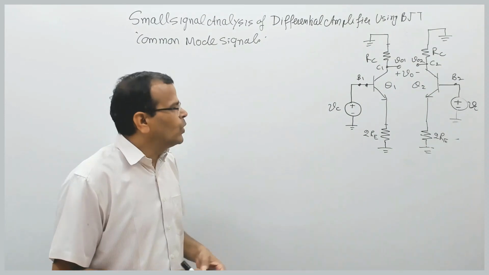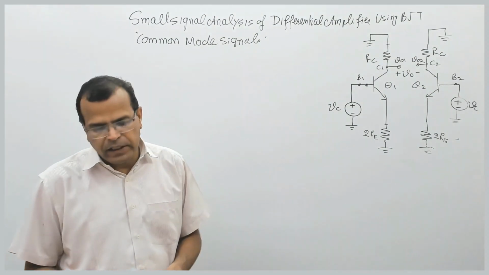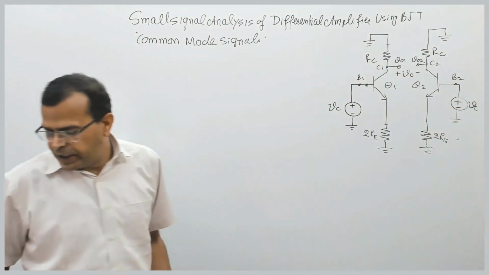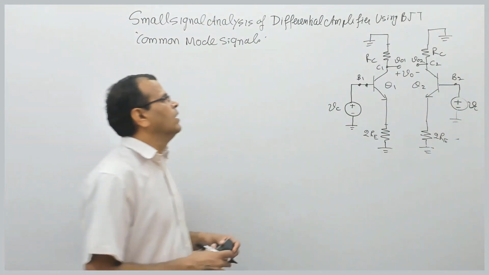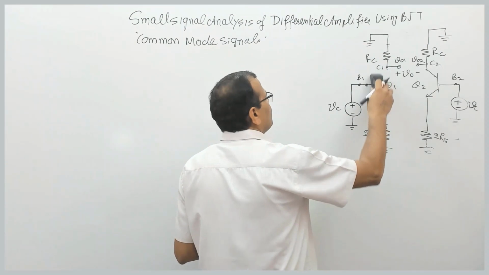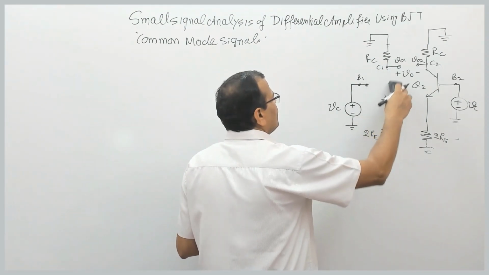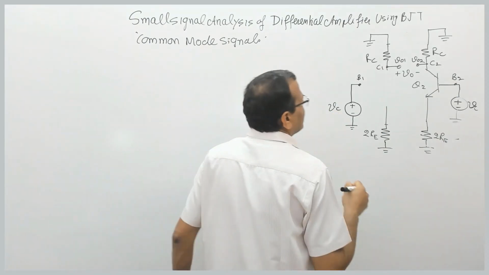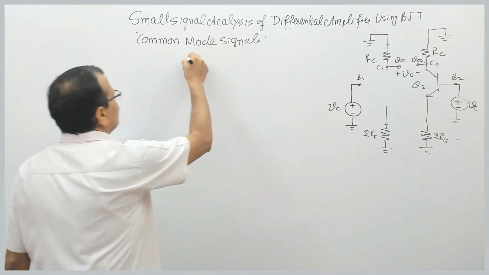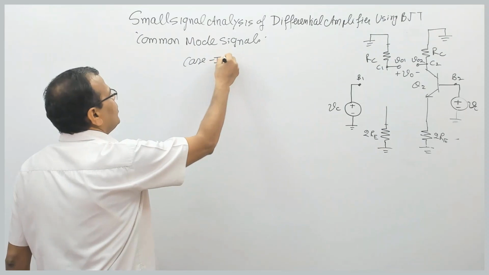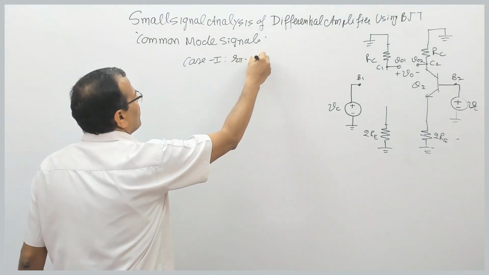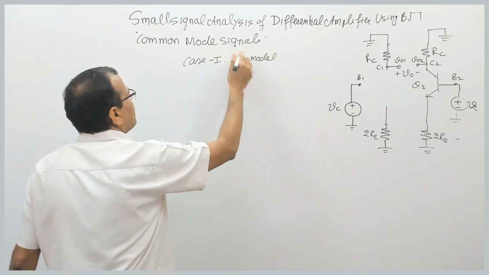Fine. So for small signal analysis, we replace each BJT by its small signal model. I'll be taking different cases. Case 1, I will be using the hybrid pi model.